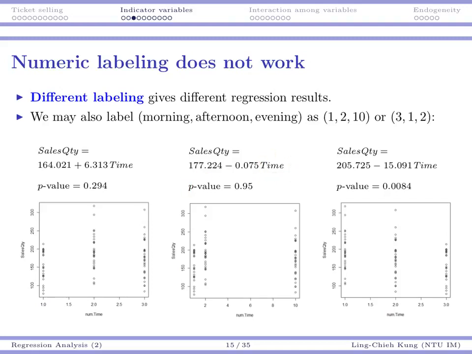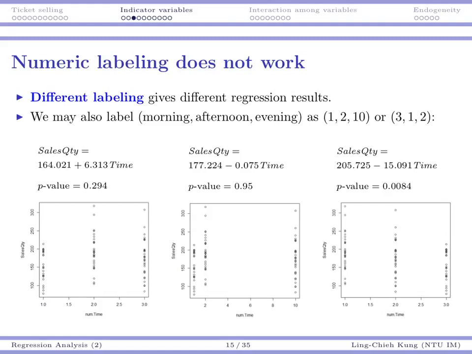But if we relabel them as 3, 1, 2, we move this column to the left, and then we can see a downward trend, and obviously that doesn't make sense. We have one set of data, and if we choose different ways to label the data, the result is different.